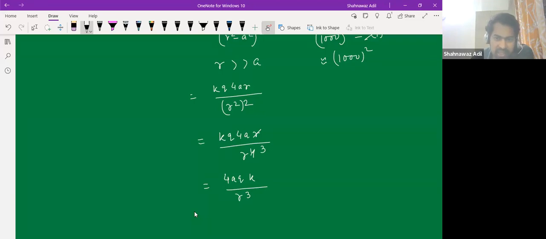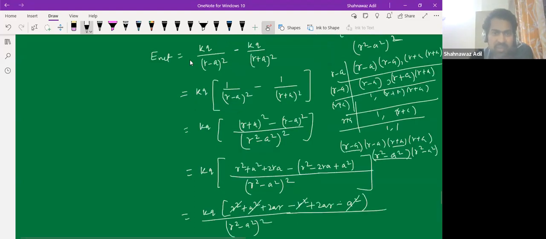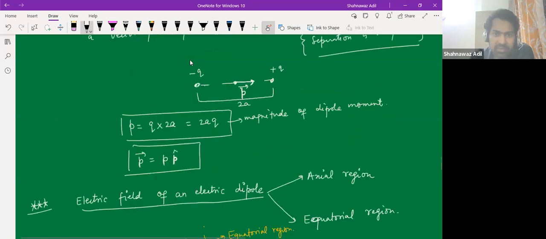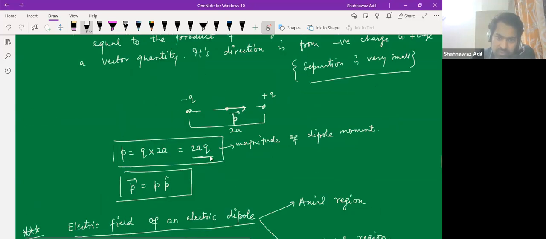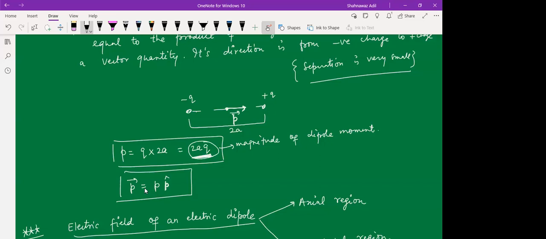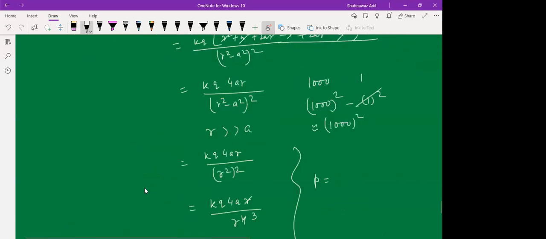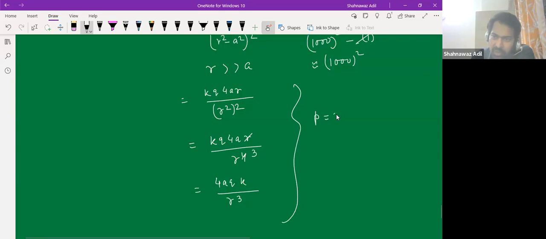And can you guys tell me what is the dipole moment that we have calculated? Right, 2AQ. So I can write dipole moment is 2AQ. So I can write 2AQ from here.